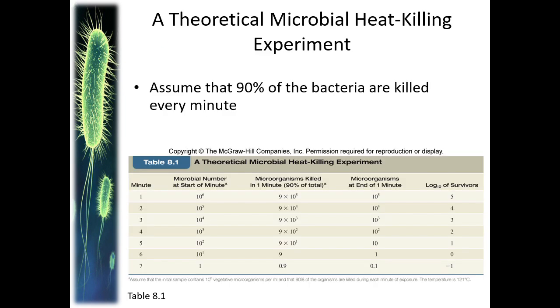So you can kind of see this here. With a 1 minute decimal reduction time, every minute we drop from 10 to the 6th to 10 to the 5th, 10 to the 4th, because we're killing 90% of the total, and that leaves 10%. Does that make sense? That's another way of looking at the data in that graph.